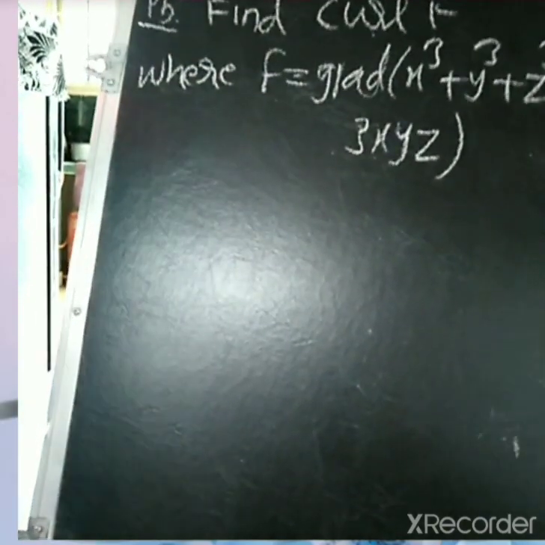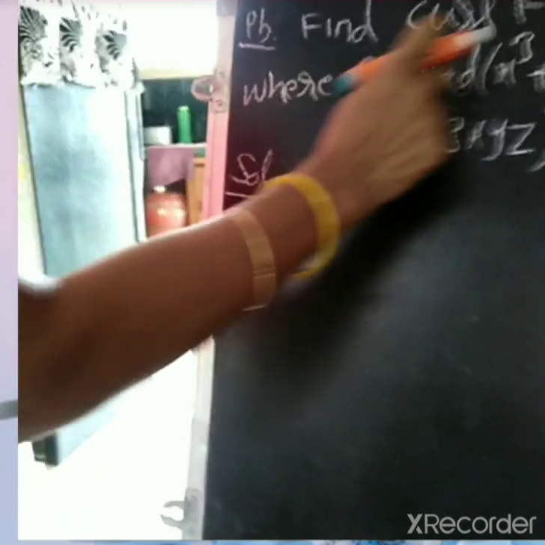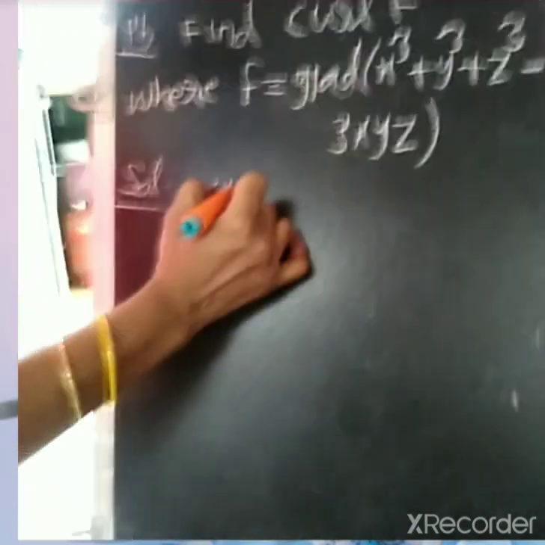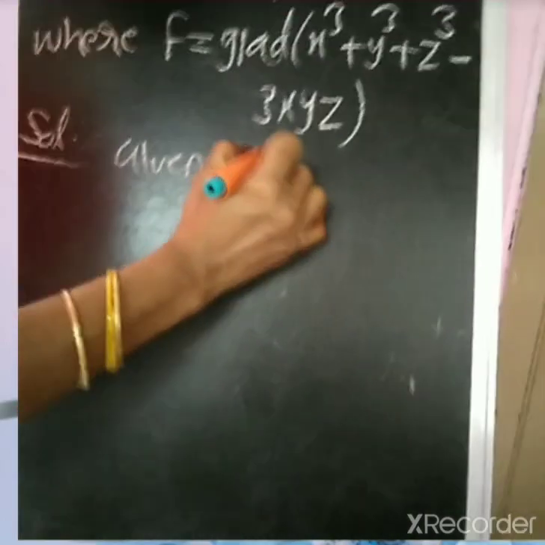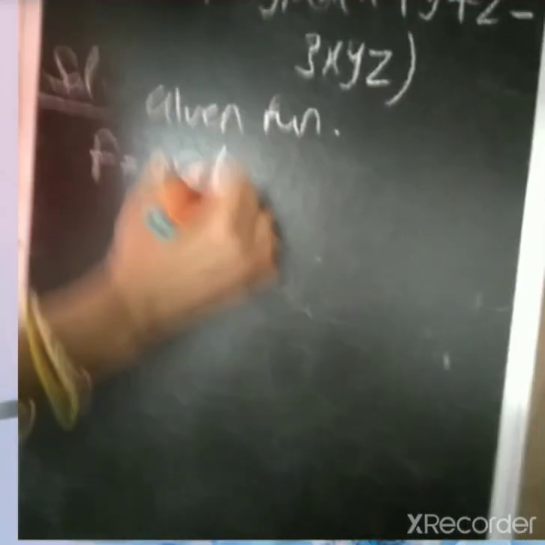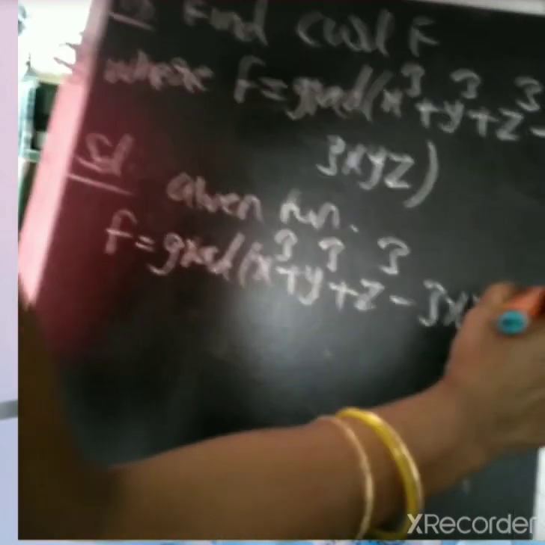So, the solution. Given function f is equal to grad of x cube plus y cube plus z cube minus 3xyz.